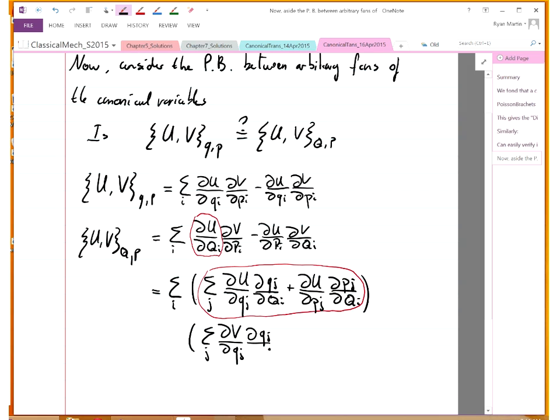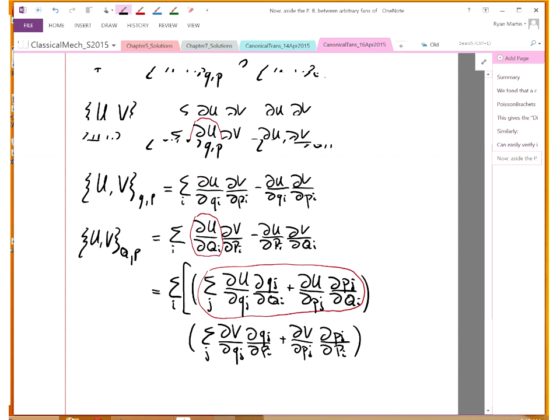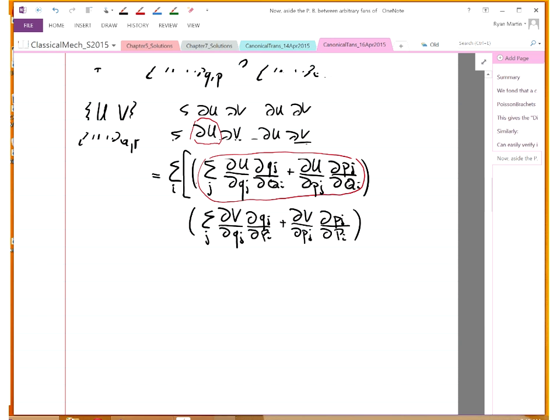So it's going to be ∂V by ∂q_j times ∂q_j by ∂P_I plus ∂V by ∂p_j times ∂p_j by ∂P_I. Those two terms are multiplied.